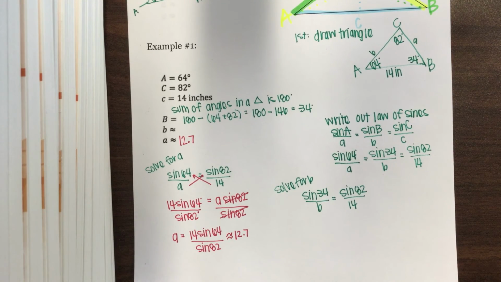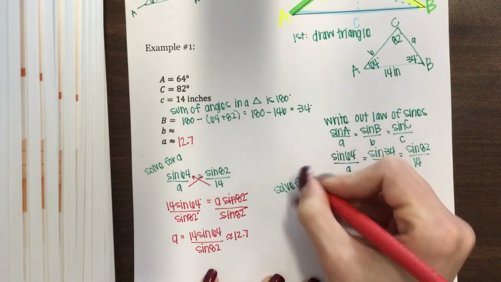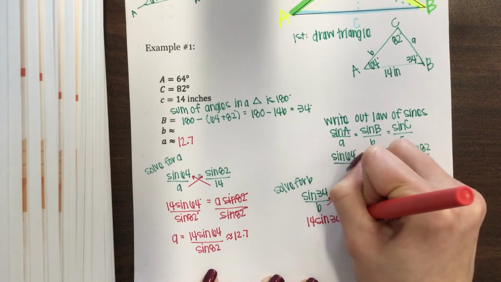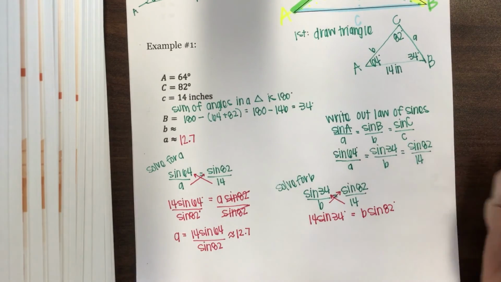And we're going to solve for b. So again, we're just going to cross multiply. So this will be 14 sine of 34 equals b times the sine of 82.